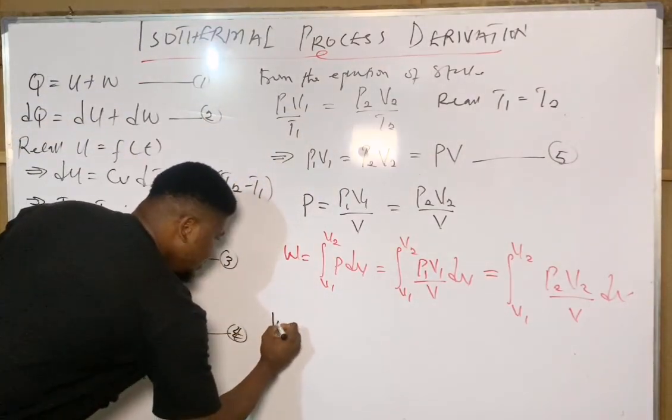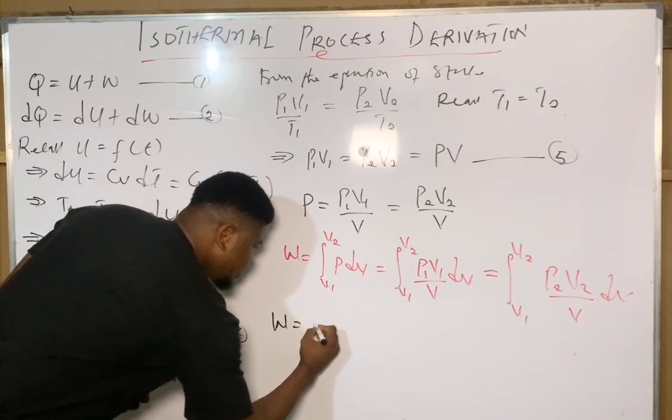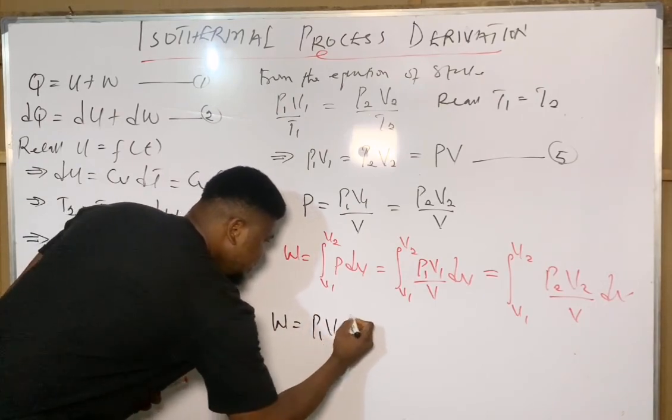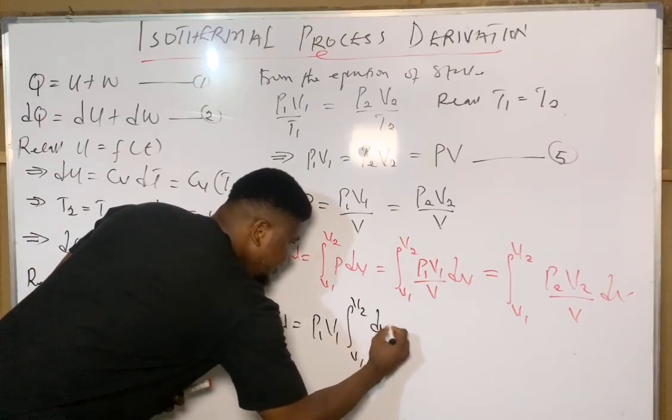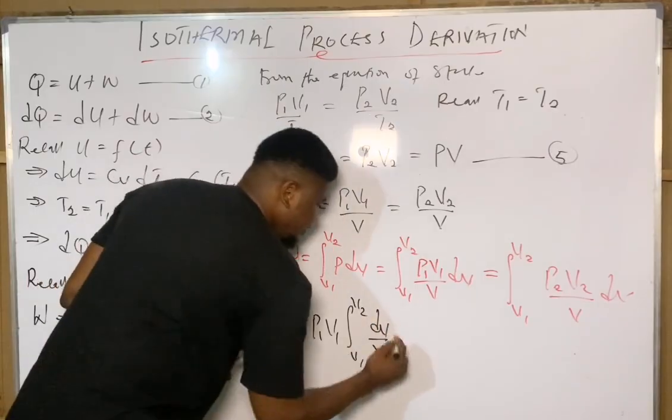So our work done becomes P1 V1 times the integral from V1 to V2, and I'm left with dV over V for the first case.